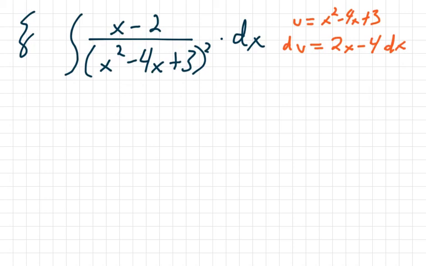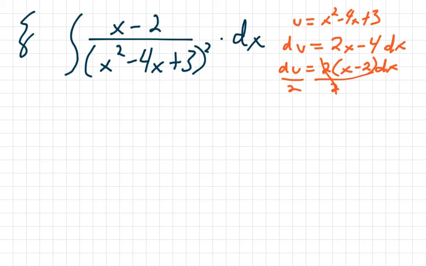Again, it doesn't look like I have an x minus 2 dx left over, but when I factor the 2 out of there, I can see the dx, and I'll divide the 2 out now. So that cancels. Now I can see exactly what I have left over, the x minus 2 dx.